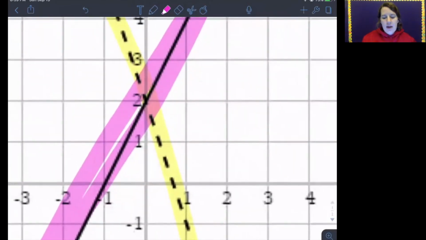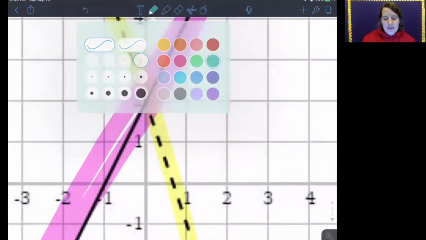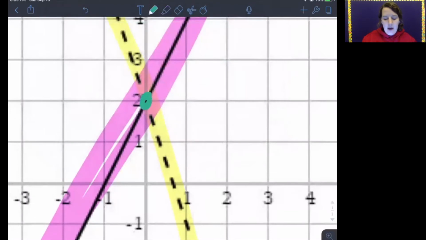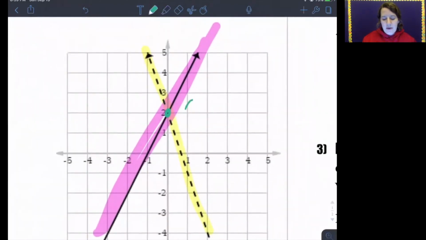Right here, our two lines intersect, and that's going to be the point (0, 2). Remember, we go side to side first, so we did not move side to side from our starting point, the origin, but we did go 2 up.